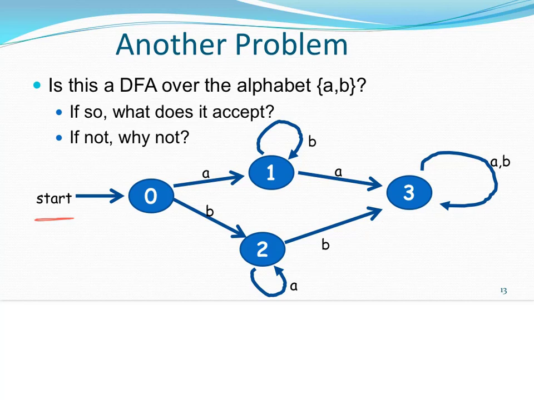But that's not a problem, because there's nothing that says a DFA has to accept anything. It says that we can have a set of accept states, and that set can be empty. So in fact, the language that this DFA accepts is the empty set. It doesn't accept any strings, but it is a perfectly valid DFA.